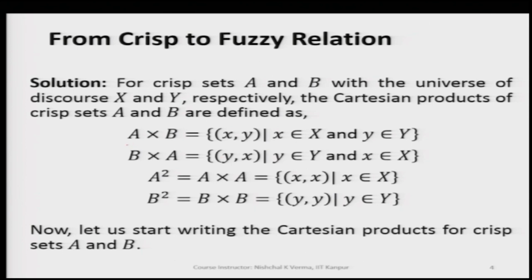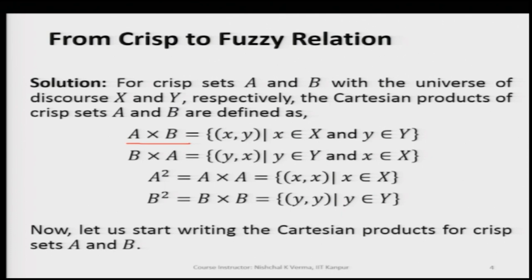So, A cross B is going to give us a set which will contain (x, y), meaning x in the pair comes from the set A and y comes from the set B, where small x is from the universe of discourse capital X and y from the universe of discourse capital Y.